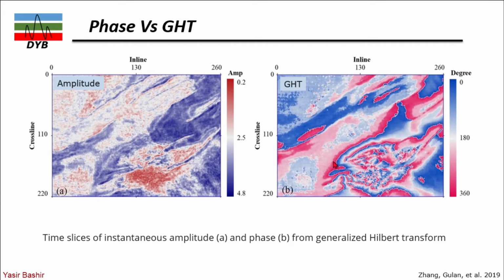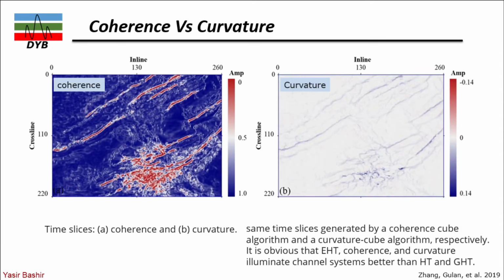But on the generalized Hilbert transform, you can see very beautifully everything clearly. You can see this anomaly is prominent here, but over here you cannot interpret it. So these are the different types of attributes or applications we can apply to help the seismic interpretation as well.